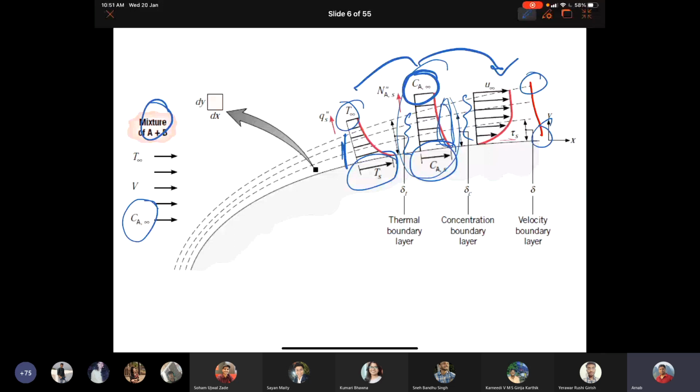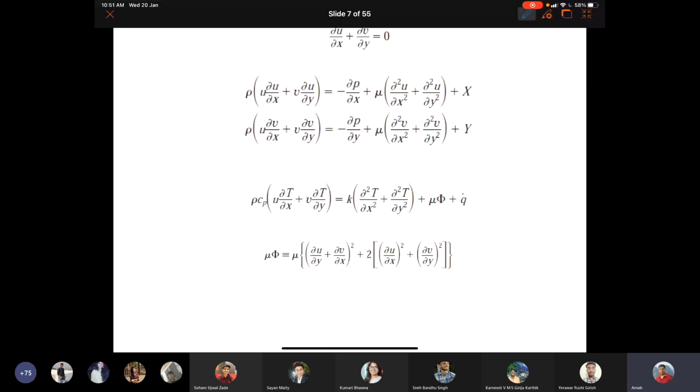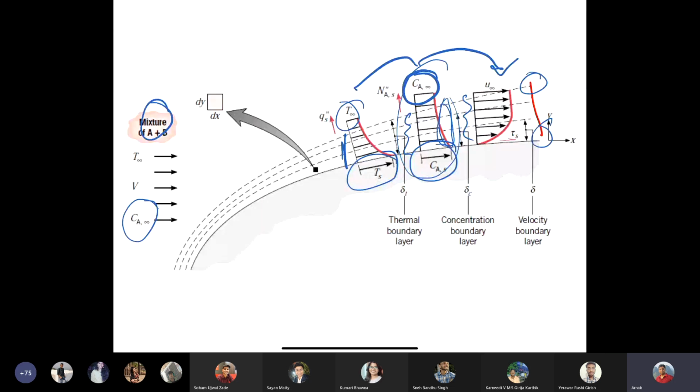So this actually has a foundation, and that is why, whenever we try to model or design something, it is essential that we understand the hydrodynamics of the system first.